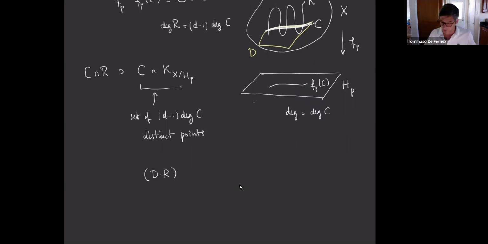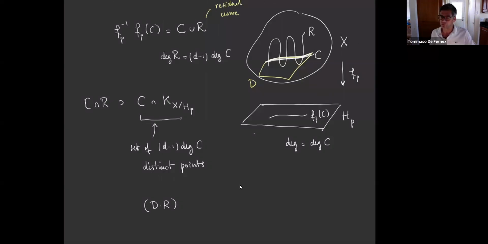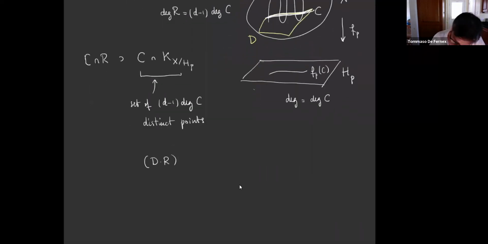So I can assume that the residual curve is not containing D. By taking a general projection, I can always assume that this is not containing D, so it intersects properly. And well, if I compute the intersection, I know the degree of D. So D is a cycle of degree D minus 1 times the degree of C. And then I'm cutting with something, but with a form of degree M. That was my assumption on D. So it was cut by a form of degree M. So there's the degree of intersection of D with R.